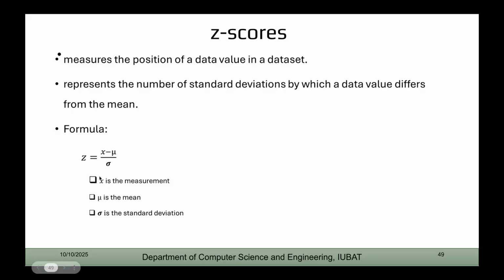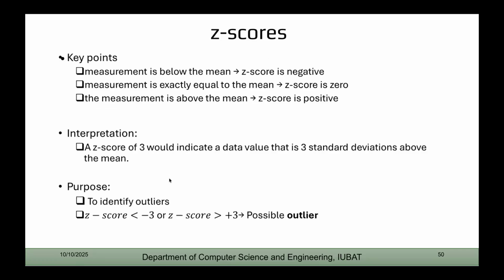For every data point you need to calculate it. Let's say you have 10 data points, so your 10 data points are the x values. You subtract the mean from each data point and divide by the standard deviation. Some key points: if the measurement is below the mean, the Z score is negative.